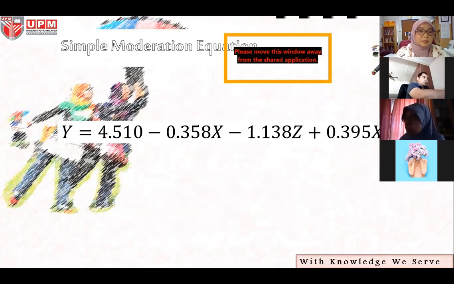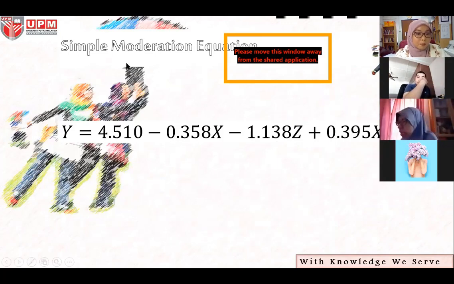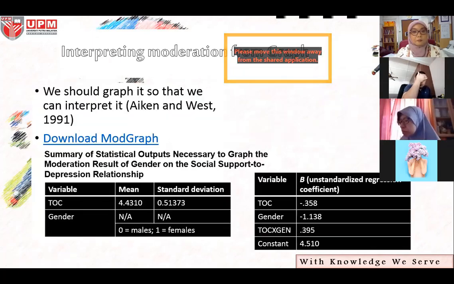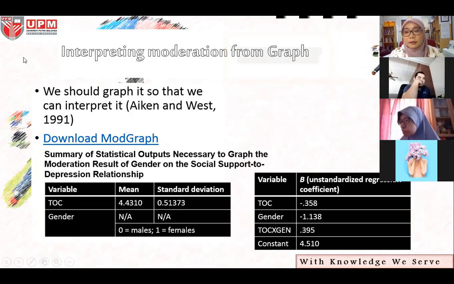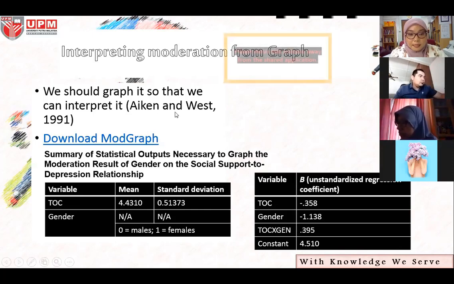So this is the simple moderation equation. If we insert the values, after we extract the values from the output, we insert them into the equation. To better interpret the moderating effect, we need to illustrate the effect through a graph, as suggested by Aiken and West.